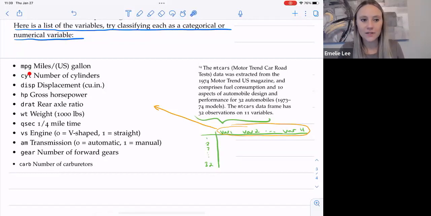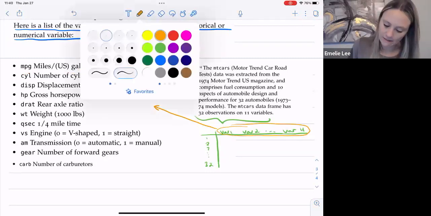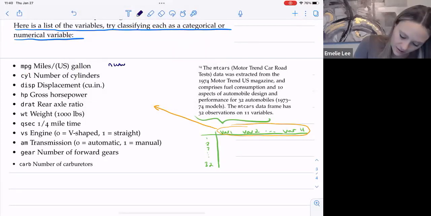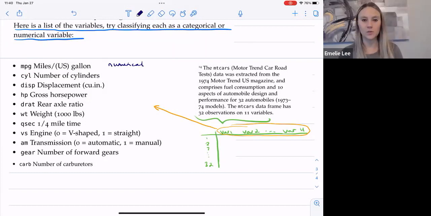Okay, so there's a variable called MPG, miles per gallon. And because it's a measurement, and especially because I have units here, that's a dead giveaway that this is a numerical measurement. So this is numerical, the miles per gallon.